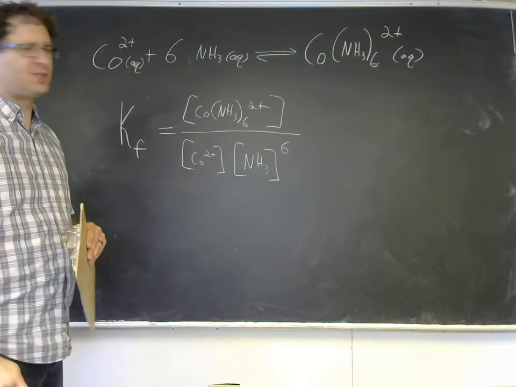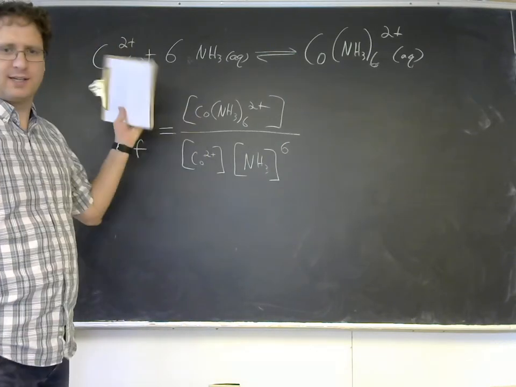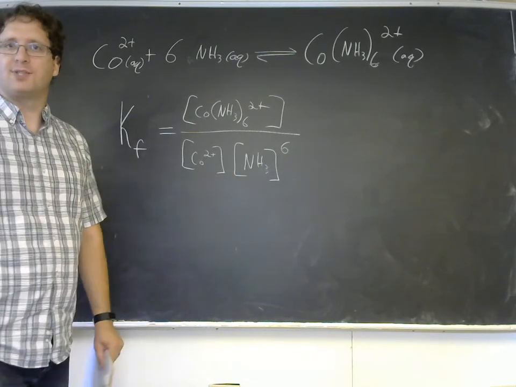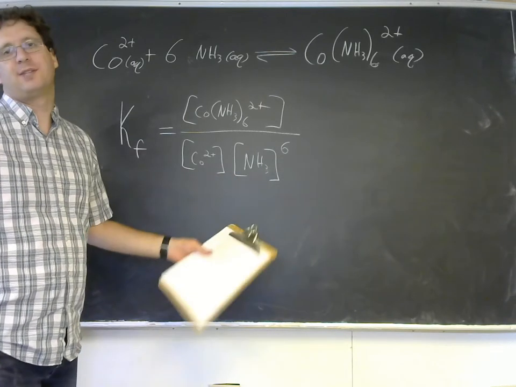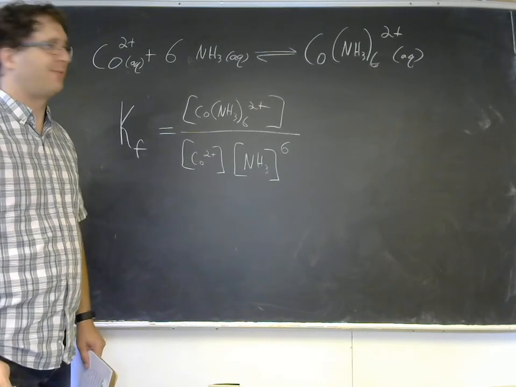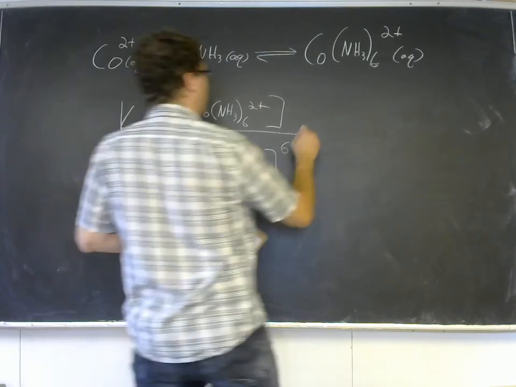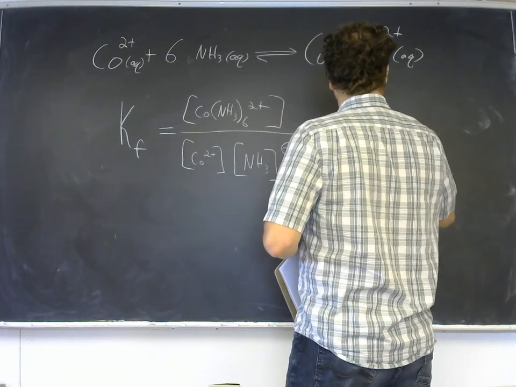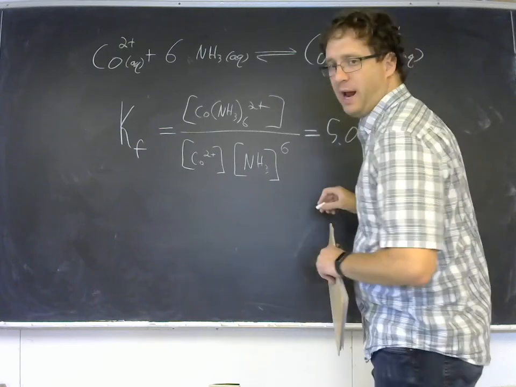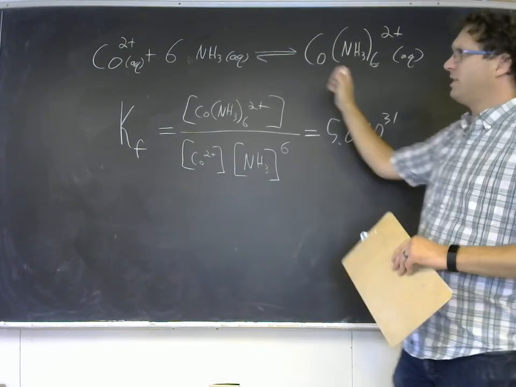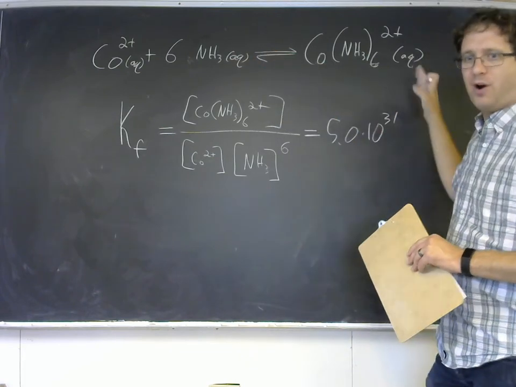And so these complexation equilibria will often have high powers in their equilibrium expressions, and that makes for some unexpected results sometimes and some fun math. And in this case, that is equal to 5.0 times 10 to the 31st power. Not negative 31, that's a positive 31. And so this reaction is highly product favored.